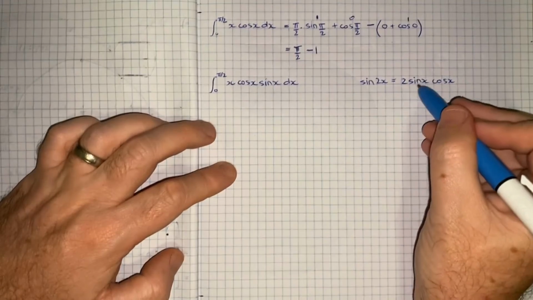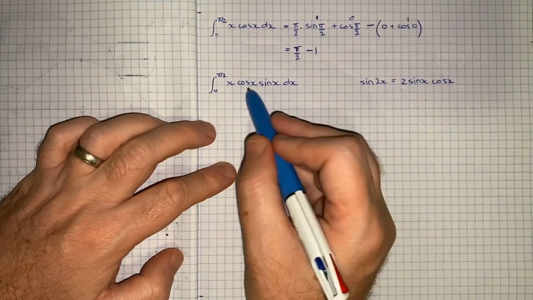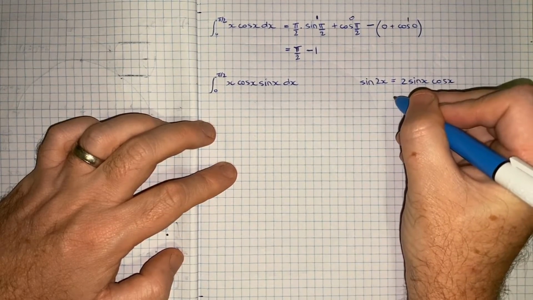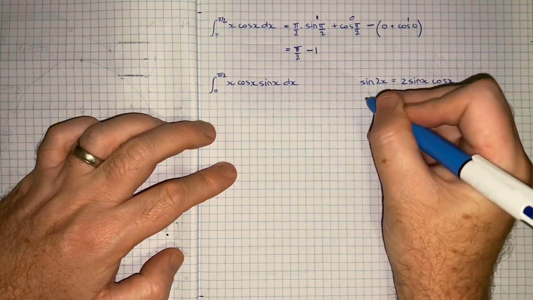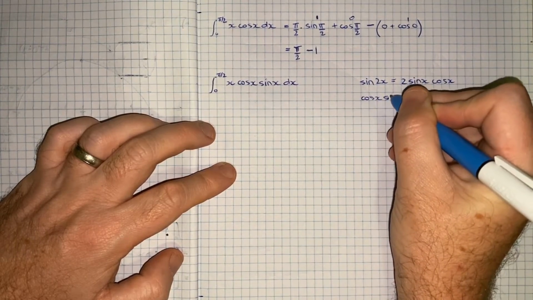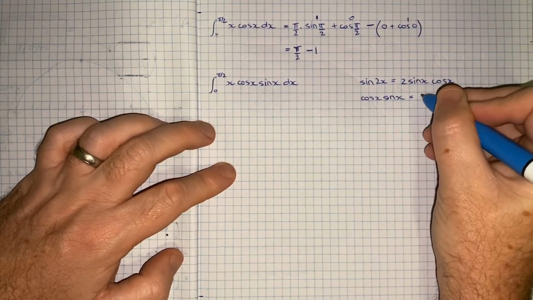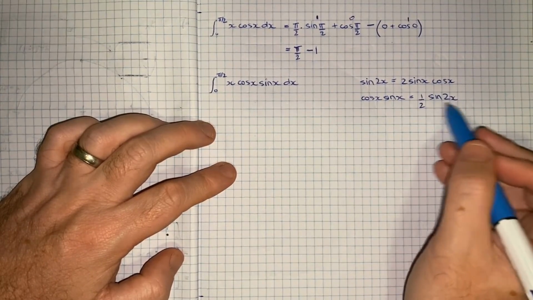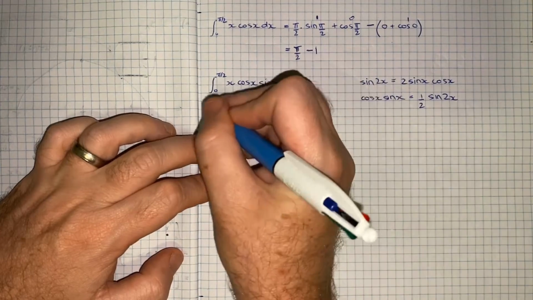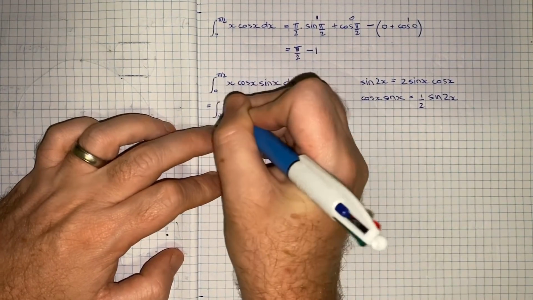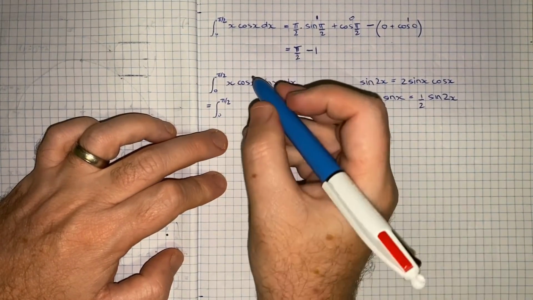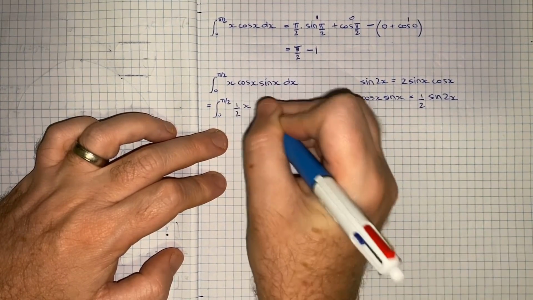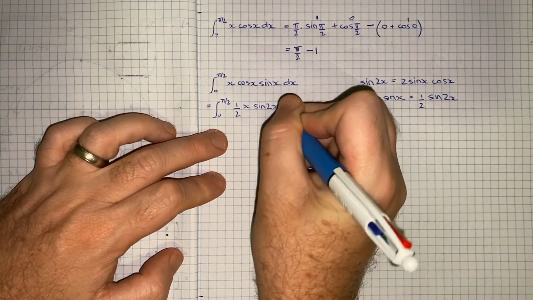So what that means is this cos x sine x is a half sine 2x. That's going to be easier for us to integrate. So this integral then becomes the integral from 0 to pi on 2 of a half x sine 2x dx.